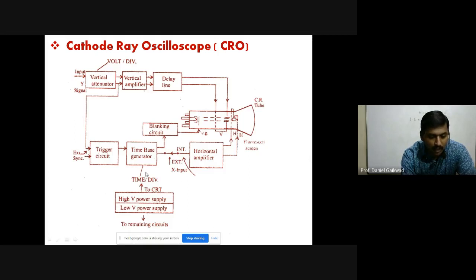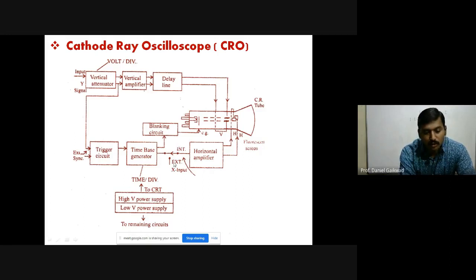And again we have the power supply, high voltage power supply and low voltage power supply, and that supplies the remaining circuits. This part is the power supply to the CRT. There are two connections, either internal or external. Sometimes we have an internal deflection system, and sometimes external also.